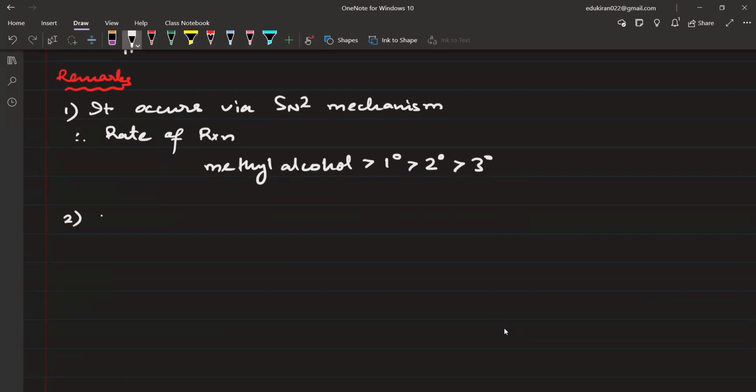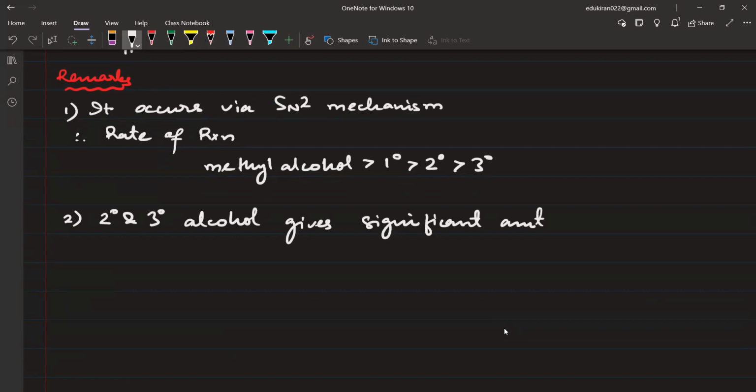Please write: 2 degree and 3 degree alcohol give significant amount of alkene with ether.